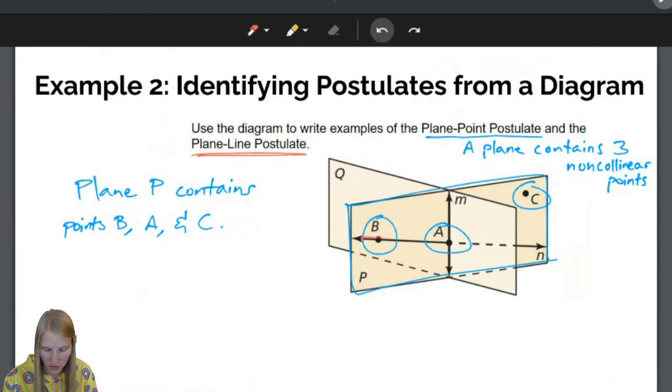So let's see, these 2 points have a line. So, okay.